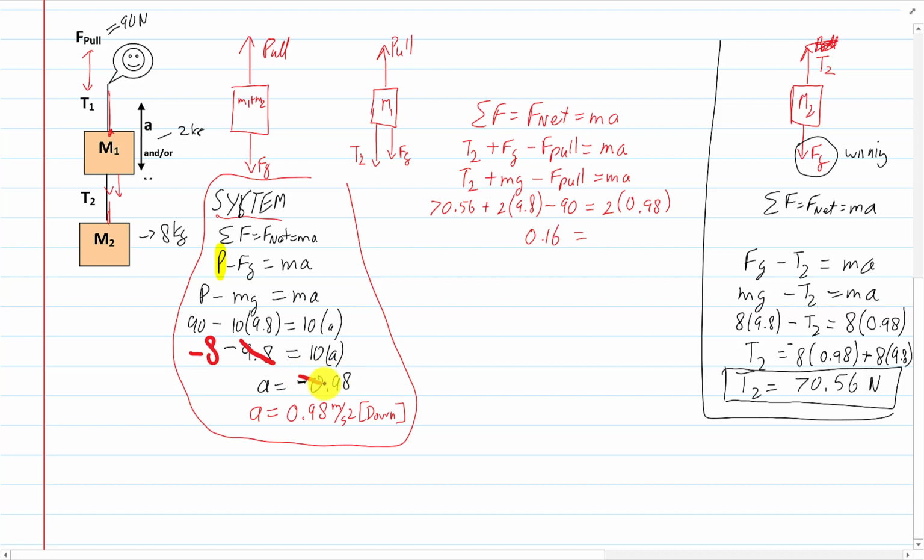So the acceleration is negative 0.8. So the acceleration is 0.8 meters per second squared down.